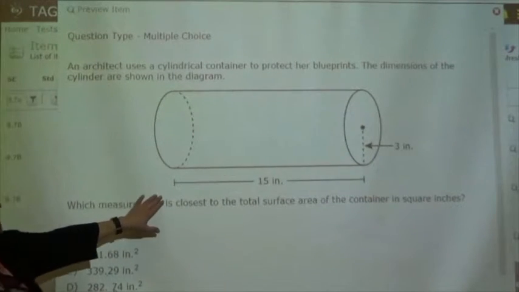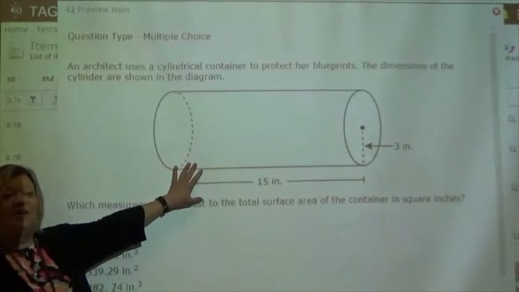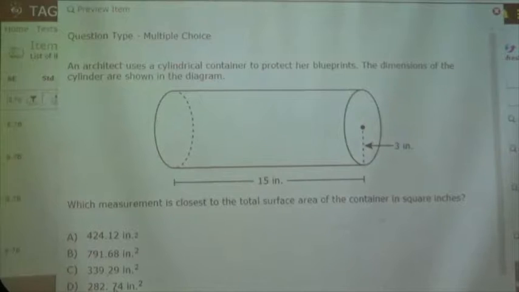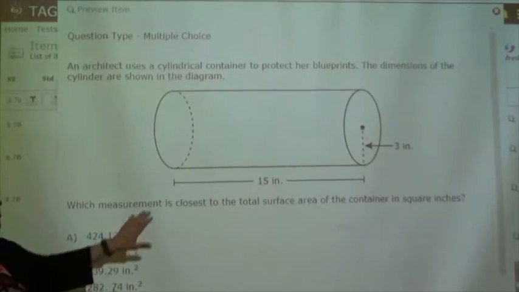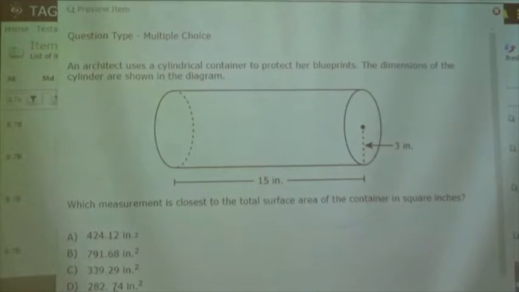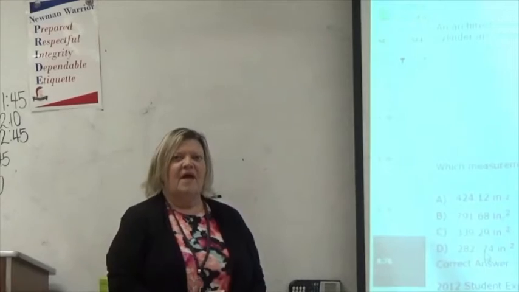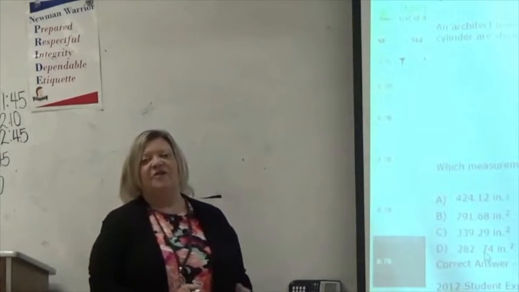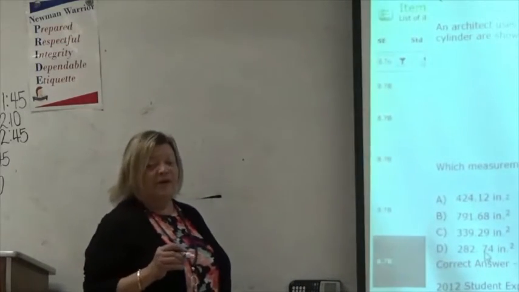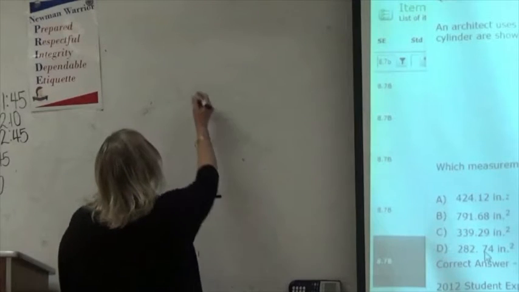Now I'm going to look at the diagram. First off, I'm going to look at the shape of the item that I'm talking about, the cylinder. When I notice the shape, the first thing I'm going to do is write down the formula for the surface area of a cylinder.